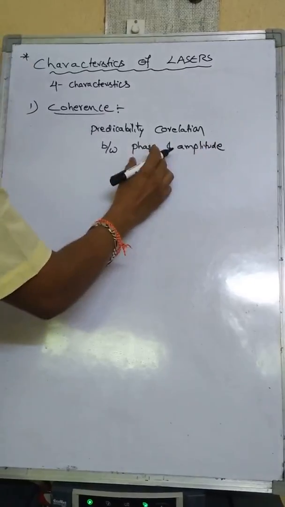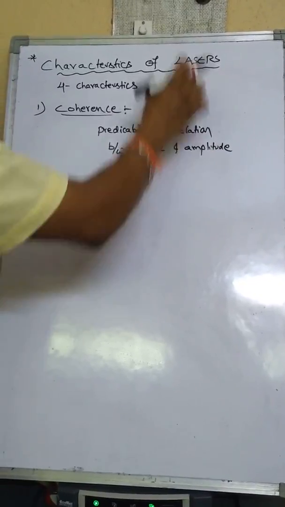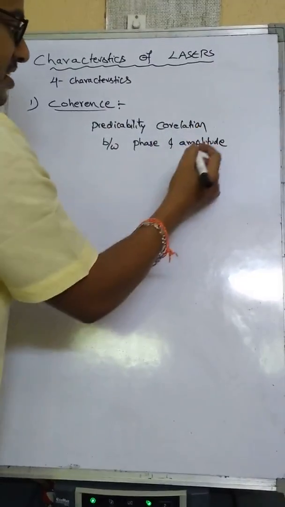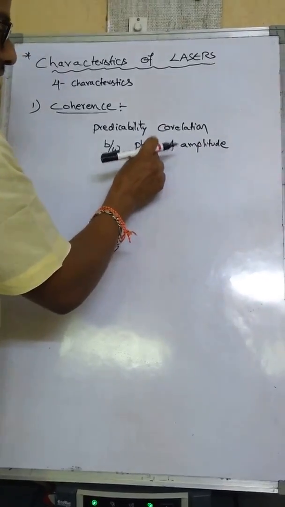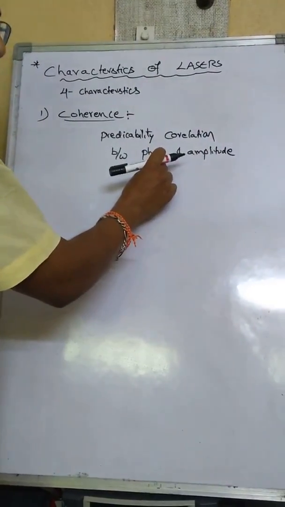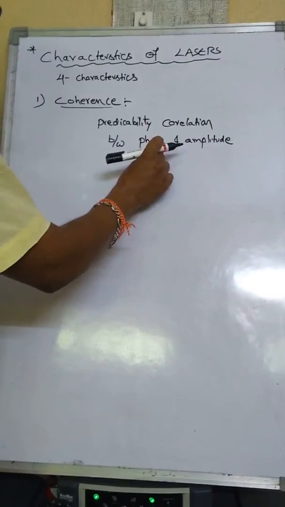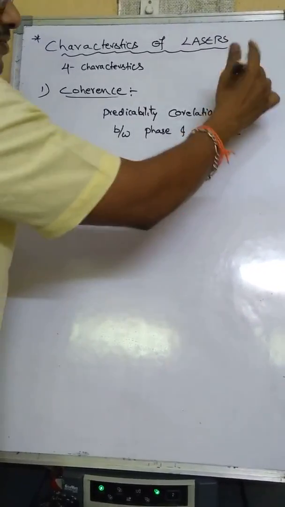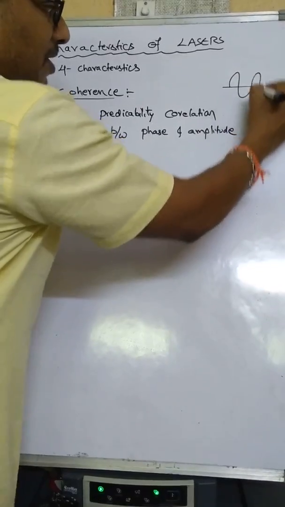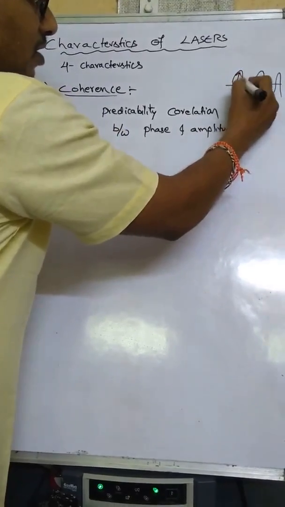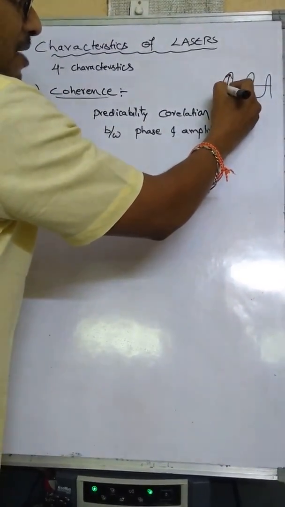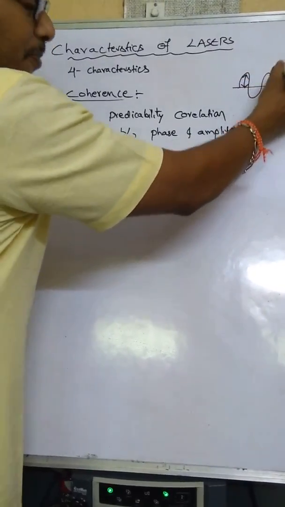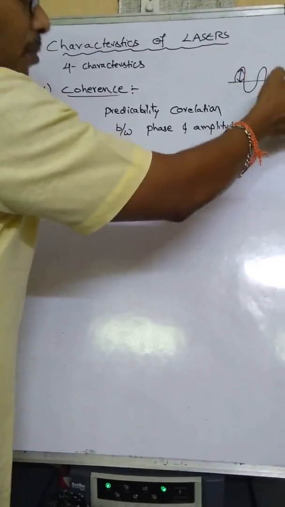These phase and amplitude are important properties for any light radiation. For example, you know the basic term phase, which represents the state and position of a wave, and the amplitude is nothing but the height of the wave, or it is the distance from mean position to extreme position if we represent the light in the form of a wave.